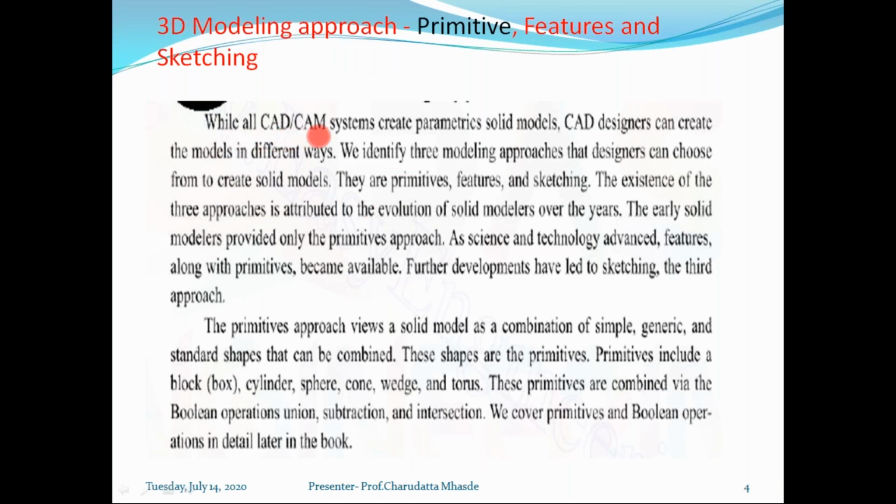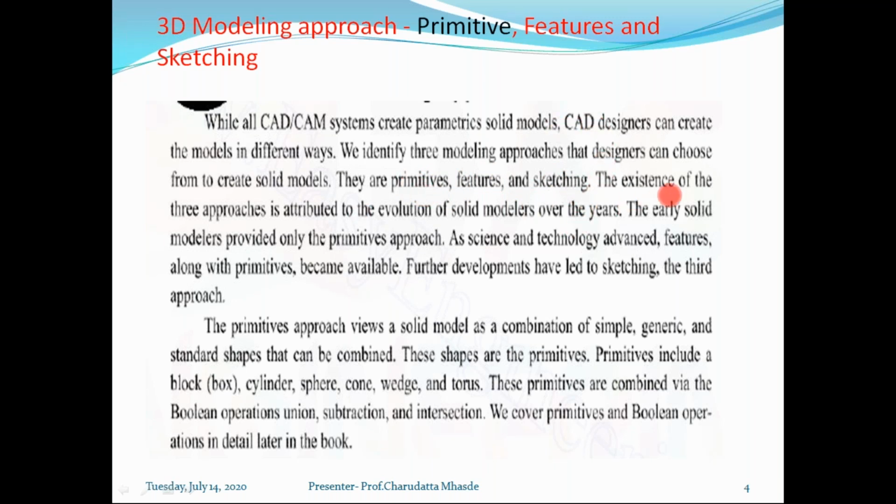While all CAD CAM systems create parametric solid models, a CAD designer can create a model in different ways. We identify three modeling designs that can be chosen to create the solid model. They are the primitive approach, the feature-based approach, and sketching. So these are the approaches to create a solid model in a software.